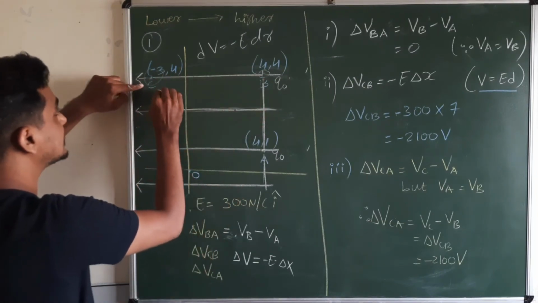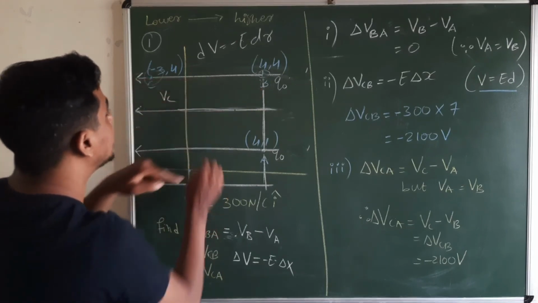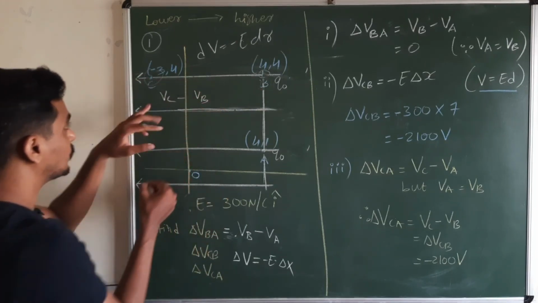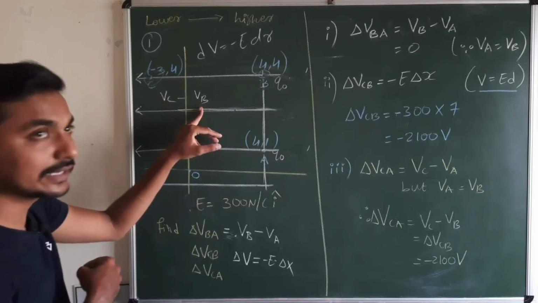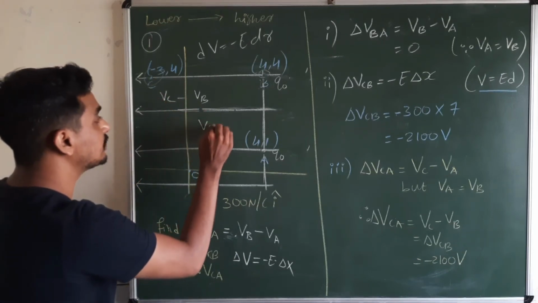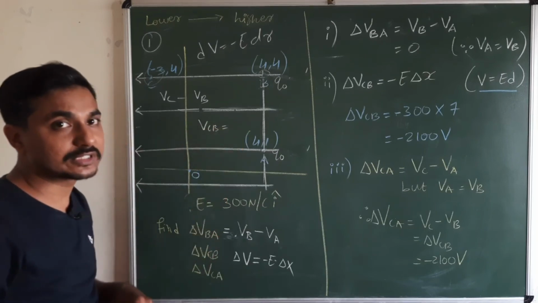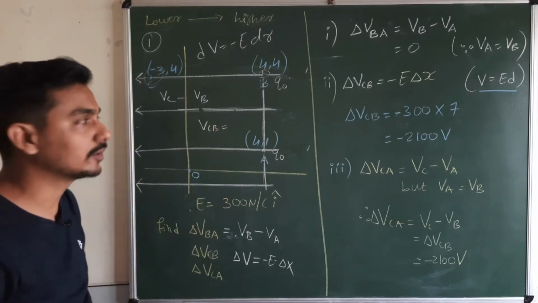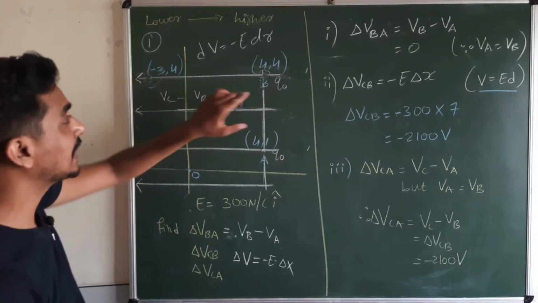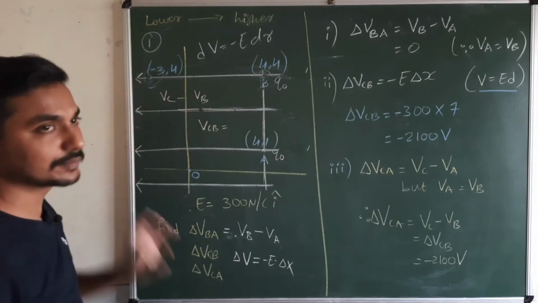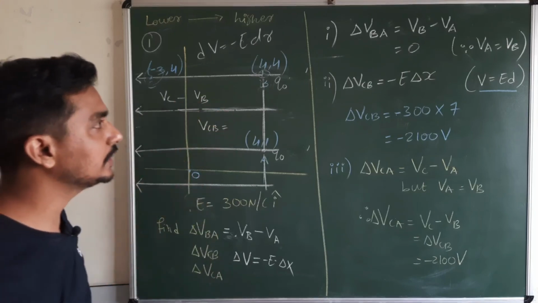Here VC is at the lower potential and VB is at the higher potential. If you subtract a larger number from a smaller number, the answer will be negative. So your answer VCB should be negative. If it comes positive, then your answer will be wrong, because you are subtracting the higher potential from the lower potential, that is VC minus VB.